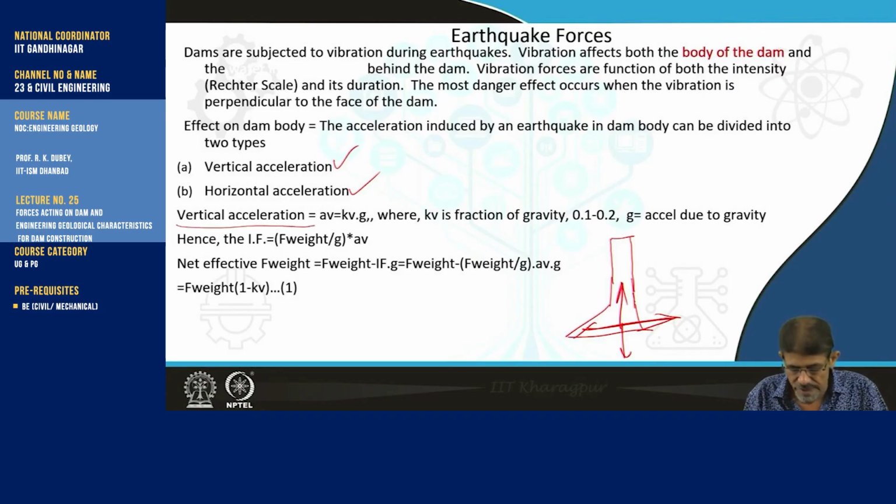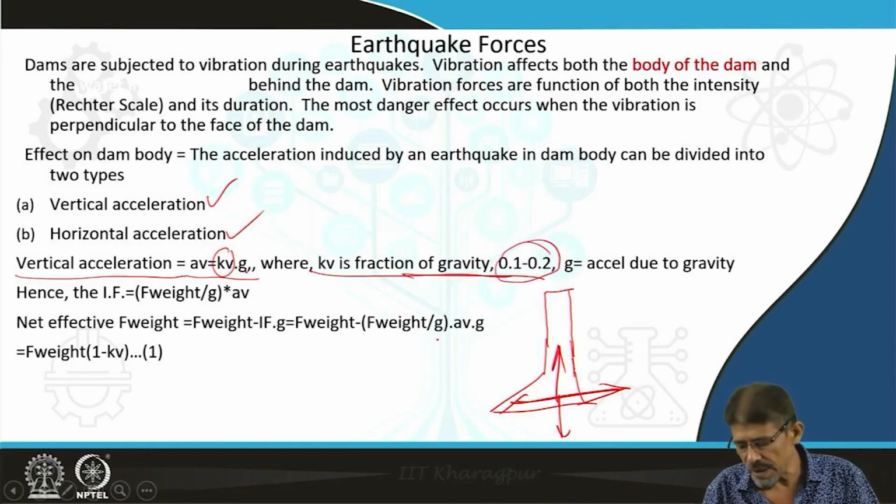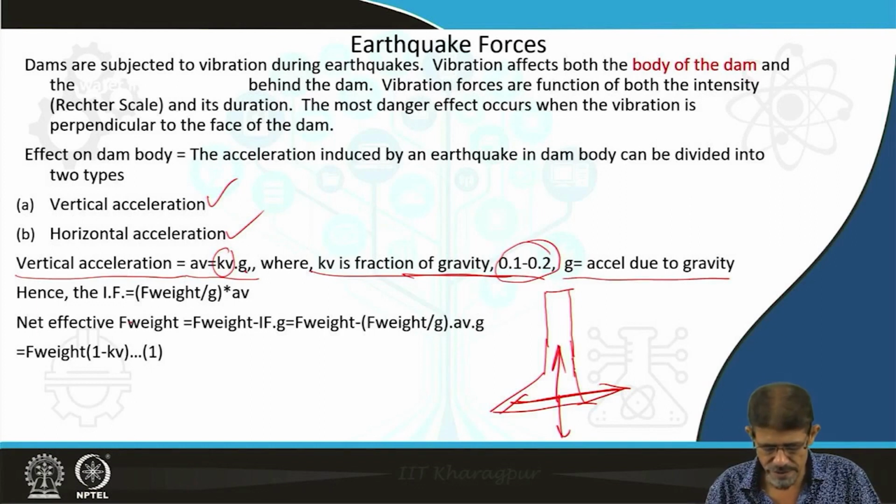The vertical acceleration can be determined as AV is equal to kV into G, where kV is the fraction of gravity. Generally, we consider the value of kV ranging from 0.1 to 0.2, and acceleration due to gravity 9.81 or 10 as per consideration.